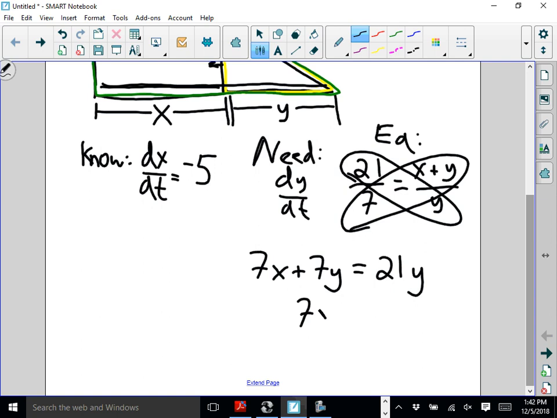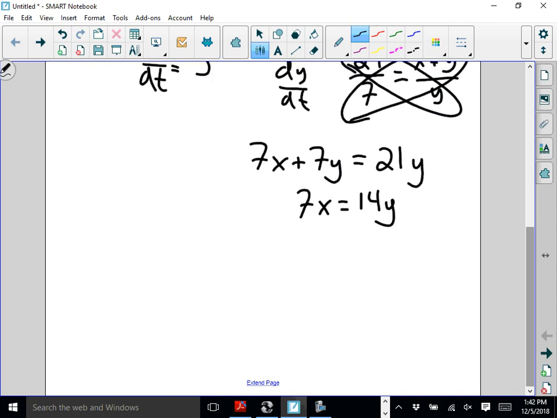Now I'm able to do my derivative. And just remember, every time we do a derivative in related rates, we tack on d, whatever the variable was, dt. The derivative of 7x is simply 7, and then I tack on dx dt. The derivative of 14y is 14, and I get dy dt.